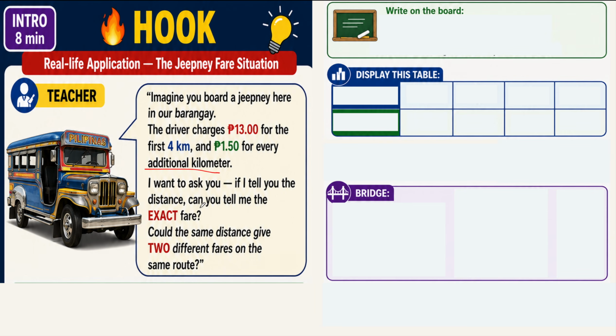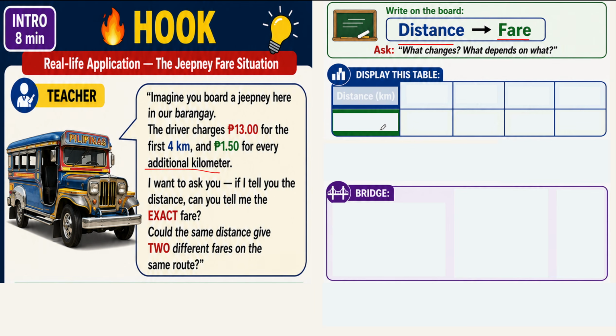Sige, sagutin nga natin muna itong bagay na to. Write on the board. This is the distance. Again, ang fare ay nakadepende sa kung gaano kalayo yung pupuntahan ng jeep. For example, we have distance as our input, and our output is the fare. In the problem, sabi, the first 4 kilometers is 13 pesos.